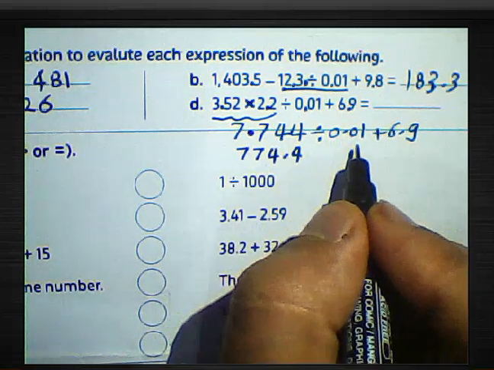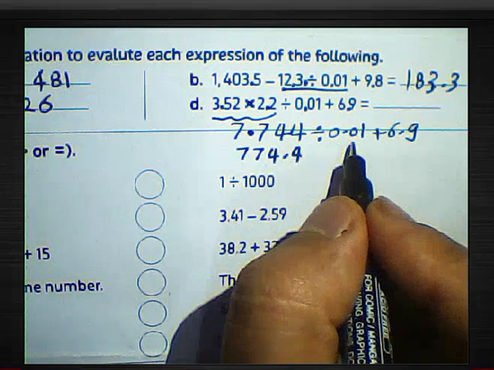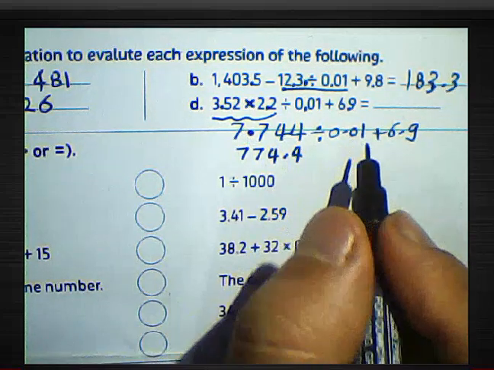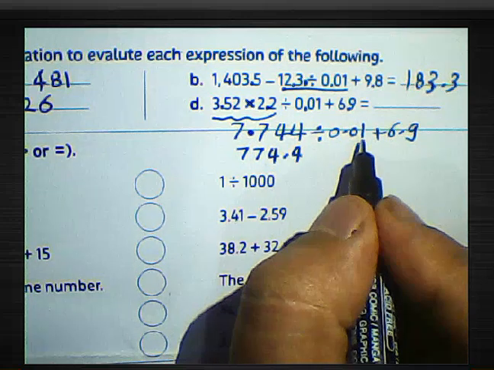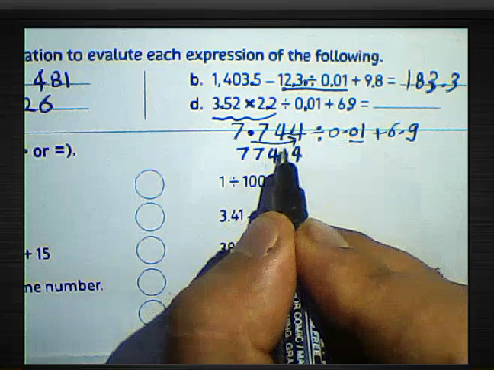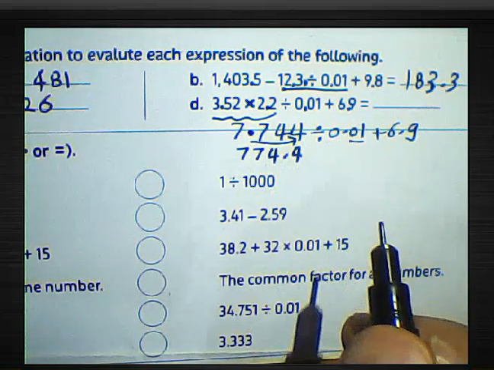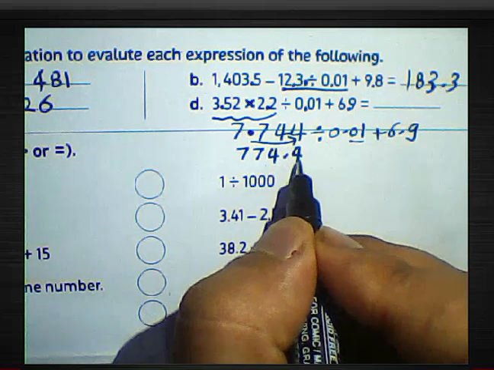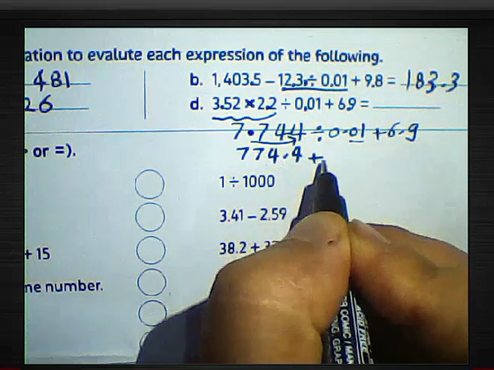If you want to find the result of dividing by a decimal number, you must move the point from left to right by 2 digits, because the point is after 2 digits. The point comes here between the 4 and 4, plus 6.9.